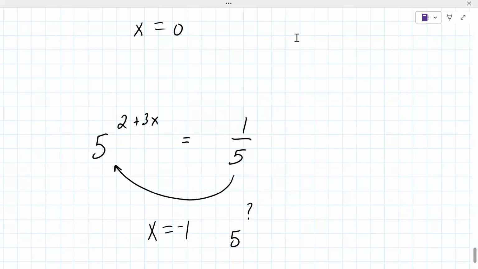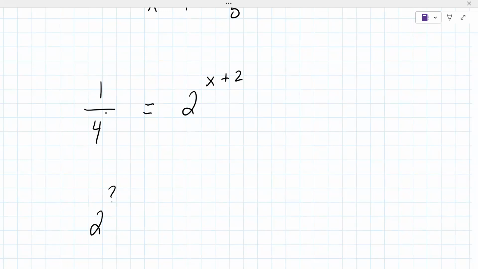Now let's make these just a tiny bit more difficult. Let's say it's 1/4 equals 2 to the x plus 2 power. So your goal here now is to get this 1/4 into 2 to some exponent. It wouldn't be 4 to some.